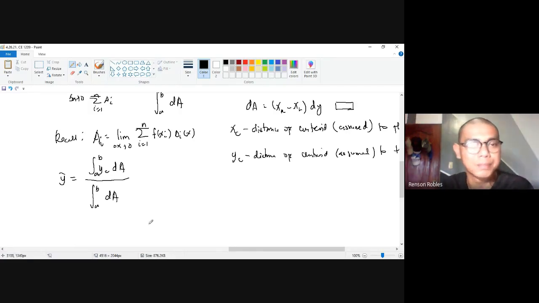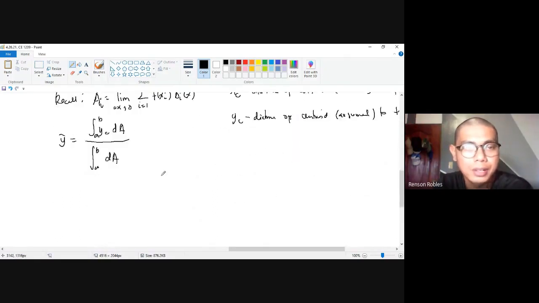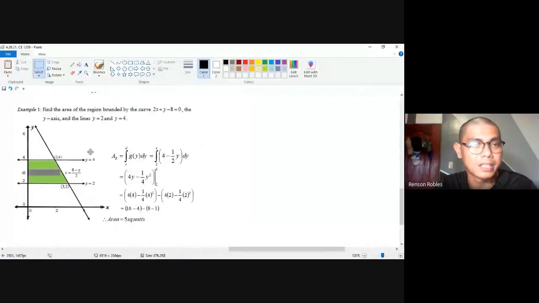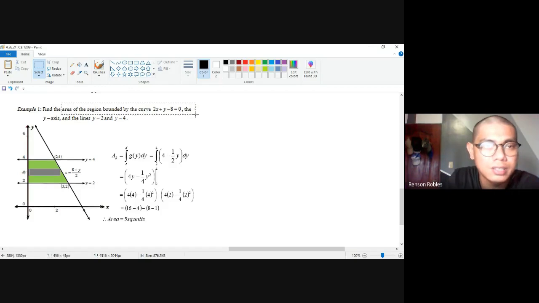Okay, and let's take some example. Let me draw my example from this illustration. This one is a problem that we solved for the area last time. So I will just copy our solution before so that we will no longer compute for the area. Okay, so papalitan ko lang yung problem natin. Okay, find the centroid. Just remove this part.